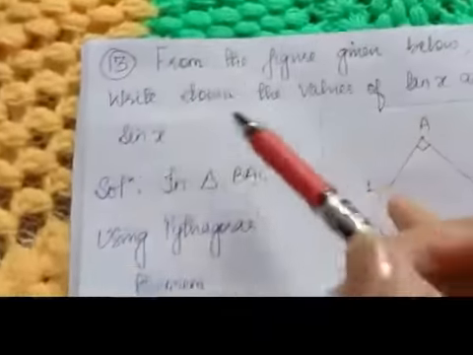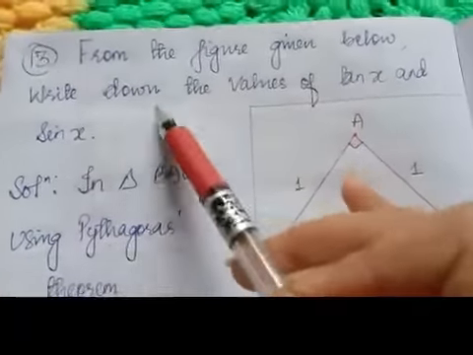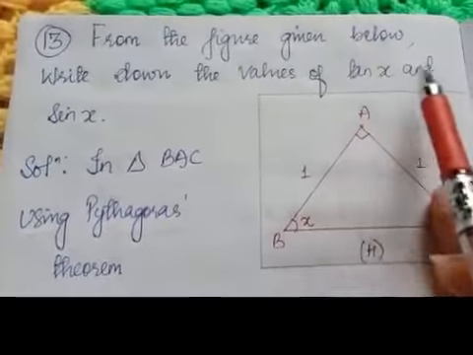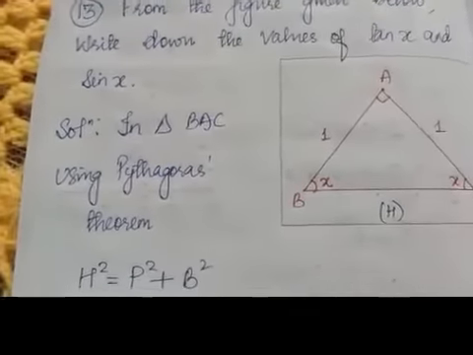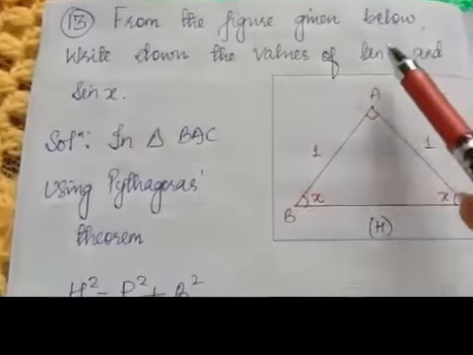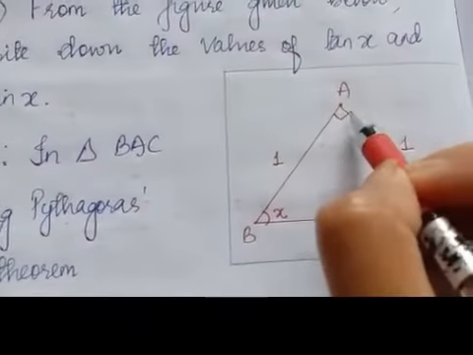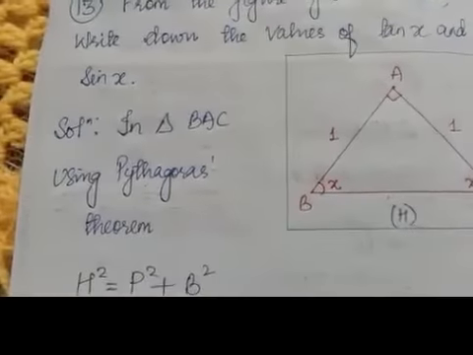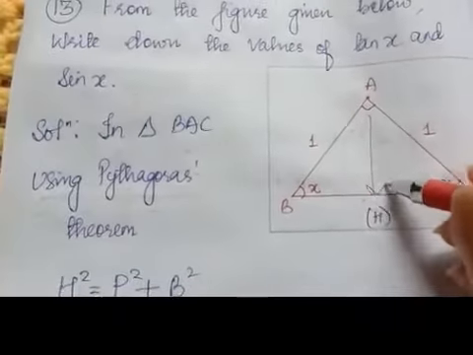Then question number 13. From the figure given below, write down the value of tan x and sin x. So from this triangle you have to find the value of tan x and sin x. Now see, this triangle here is 90 degree and I have already told that the side opposite to 90 is the hypotenuse.